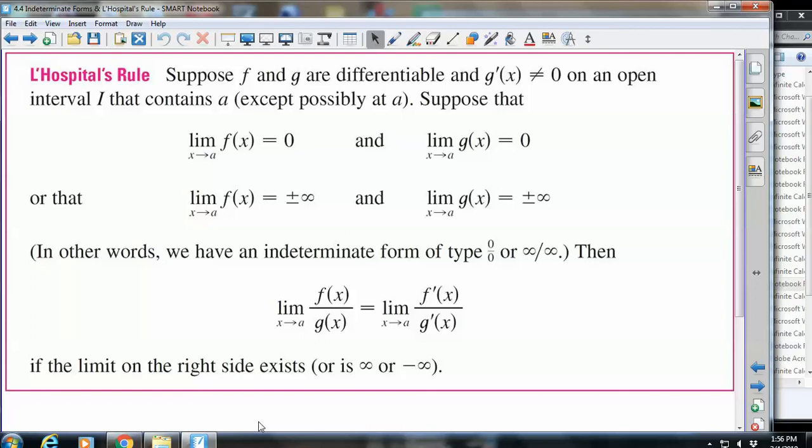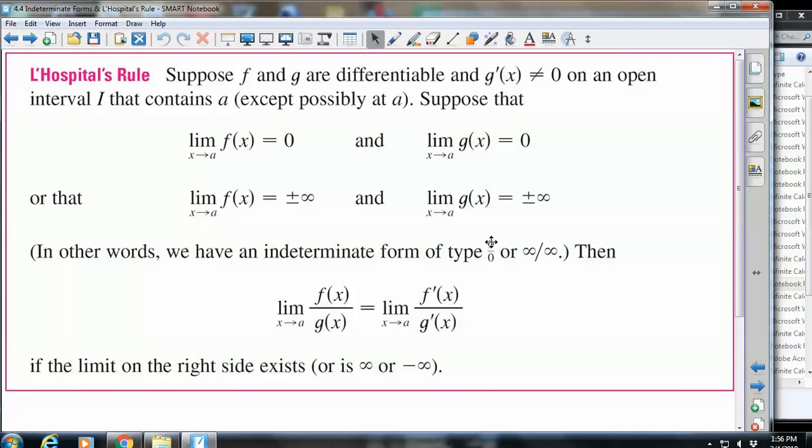So here's L'Hopital's rule. If f and g are differentiable functions, and the derivative of g is not 0, then if the limits of both f and g are going to 0, or they're both going to positive or negative infinity.